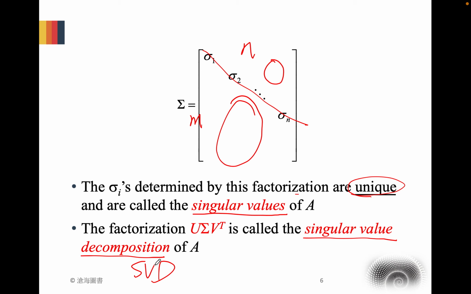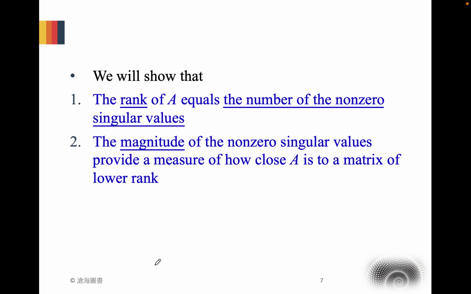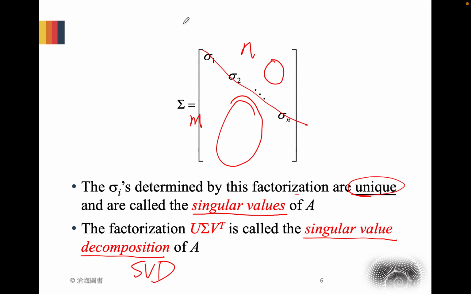Okay, so this is the first definition, notation of SVD, and we will show that the rank of A equals the number of non-zero singular values. So go back to here.